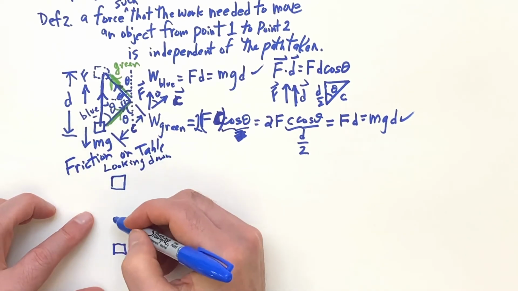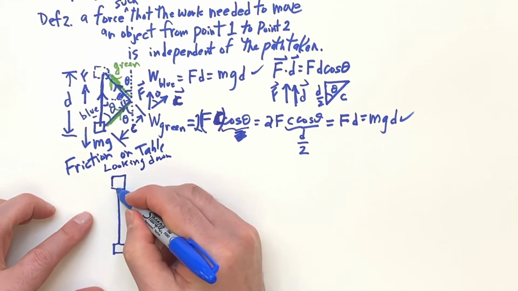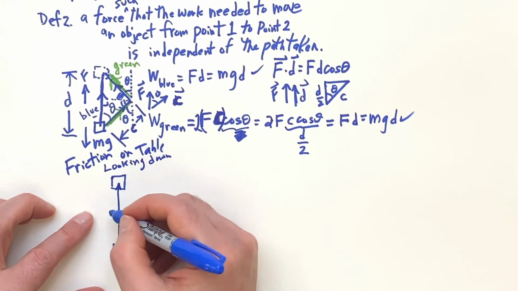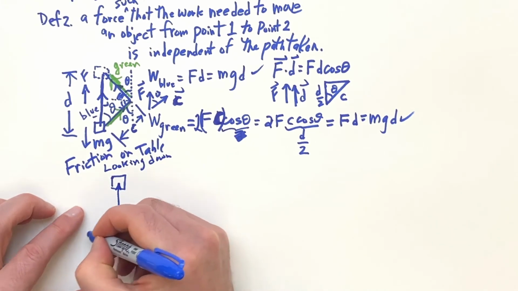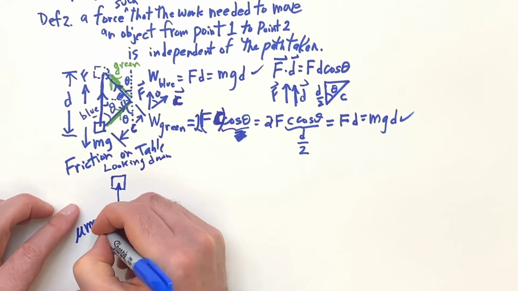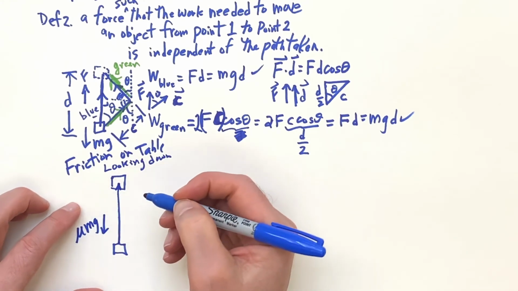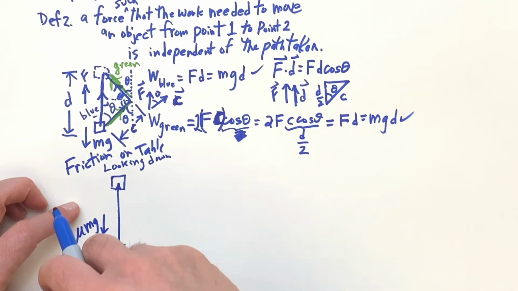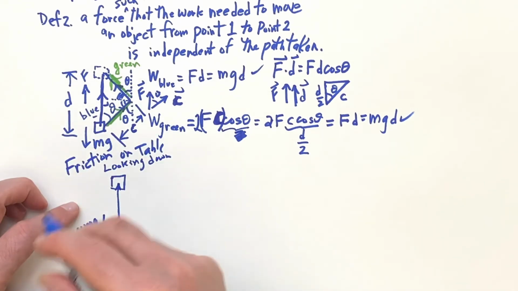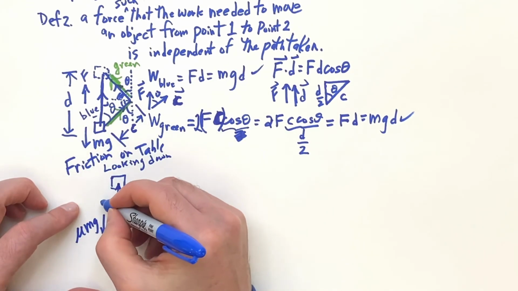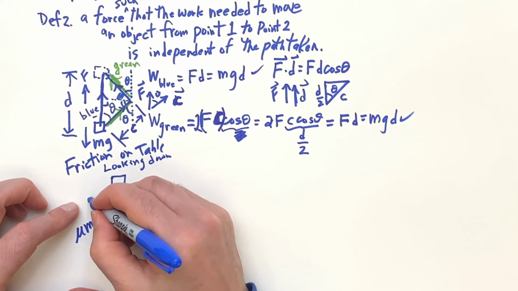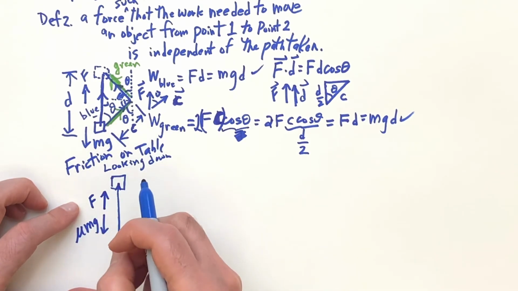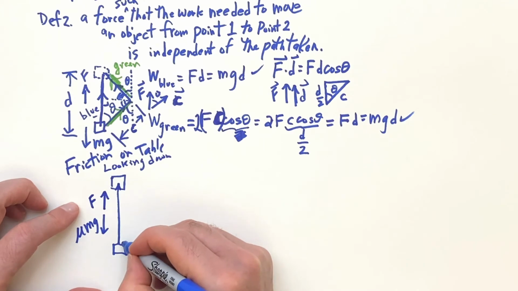So we're going to want to move this, drag it up to there, and now the friction force is mu mg, and that's going to be like kinetic. It doesn't matter. We'll just use mu. And we're going to apply a force that's opposite that to just get it to go up.